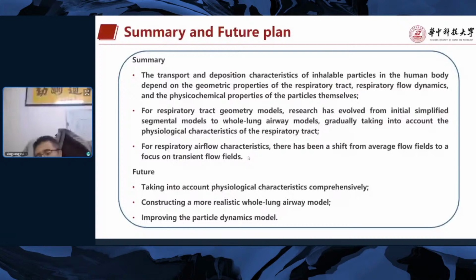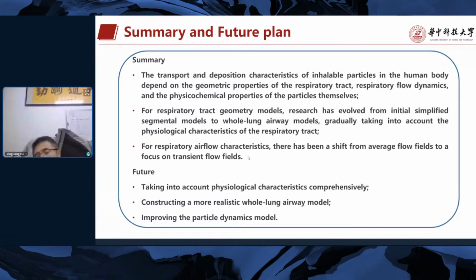In this whole airway, we will consider as many branch airways as possible. We also want to consider the lung motion, and in the future, we'll also consider the heat transfer. Then we want to get the realistic case, the air pollution particle deposition in the airway.